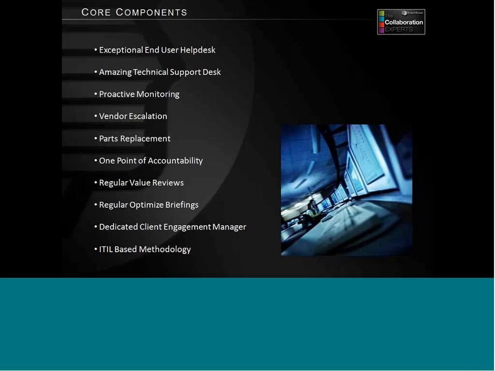The fourth area is vendor escalation. To be clear, the vendor or manufacturer makes the technology that you are using, and you either work with a partner like Touchbase, or you do it yourself.